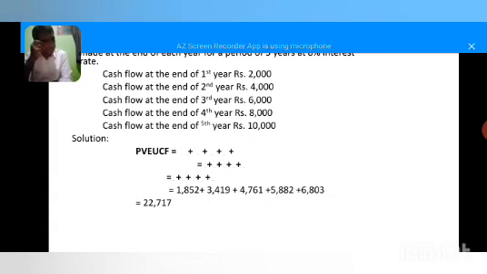To calculate the present value of uneven cash flow, it equals P1 divided by 1 plus R to the power of 1, which belongs to the first year, plus P2 divided by 1 plus R to the power of 2, plus P3 divided by 1 plus R to the power of 3, plus P4 divided by 1 plus R to the power of 4, plus P5 divided by 1 plus R to the power of 5.